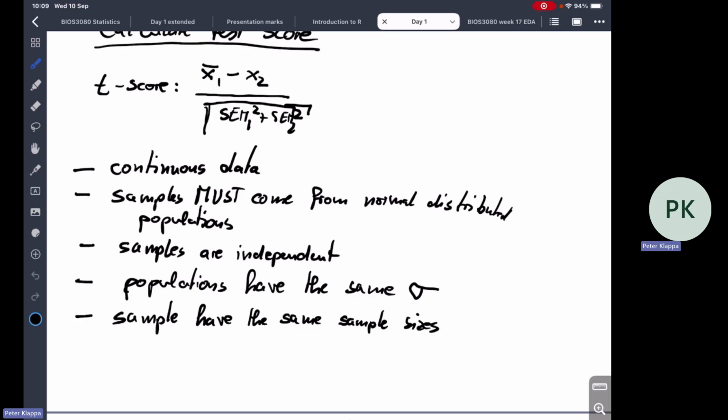And a lot of processes in nature are normally distributed. That's actually where this distribution got the name from, because it's normal that it's normally distributed. And if you see any other distributions, then people tend to say, oh, that's a little bit weird. They're not called weird distributions, but it's abnormal, that's the word, if it's not normal.